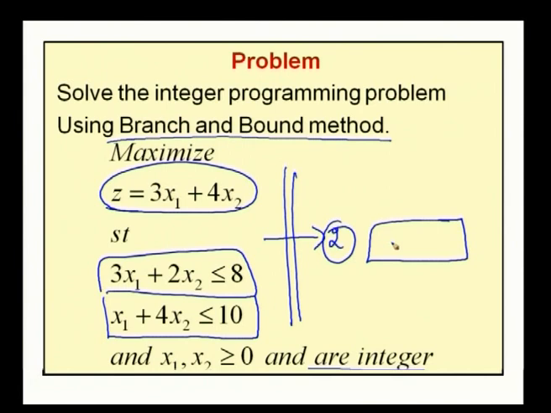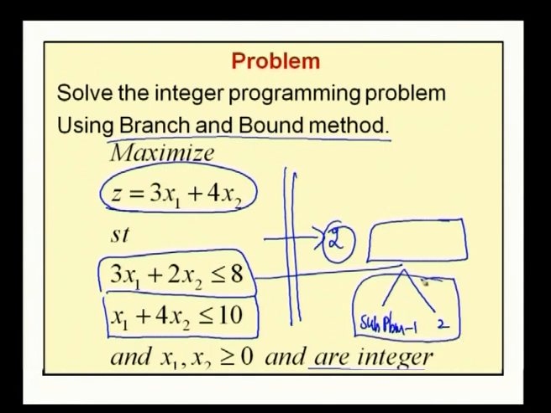If the optimal solution does not have an integer solution, then this original problem should be split into two subproblems, subproblem 1 and subproblem 2. Now, by solving these subproblems, we will get the solution to the original problem. While solving these subproblems, if any subproblem has an integer optimal solution, then further branching of that subproblem is not required.